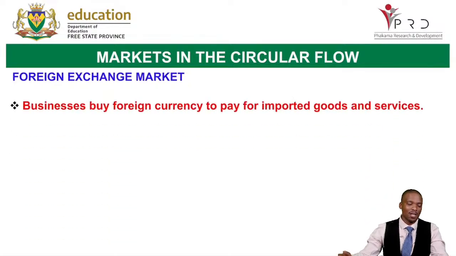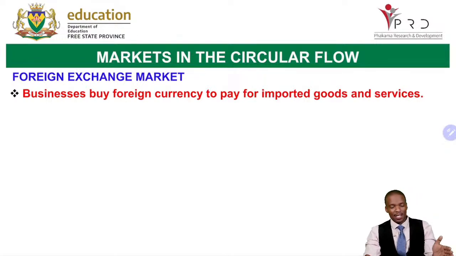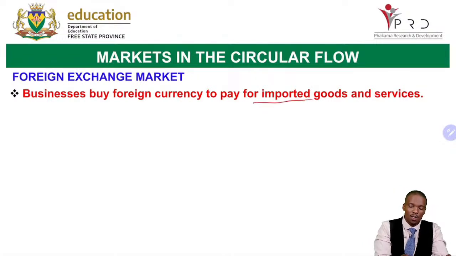So that is very, very important that we are looking at, grade 12s. Okay? Businesses buy foreign currency to pay for imported goods. Those are the factors that will cause us to go to the foreign exchange market and demand the foreign currency. It is because we want to import those goods and services. Which market will make it possible? The foreign exchange market.